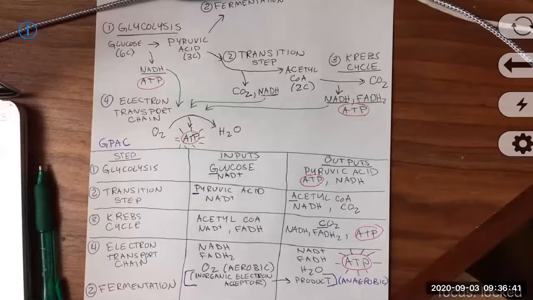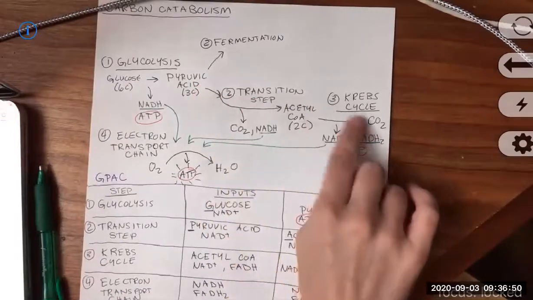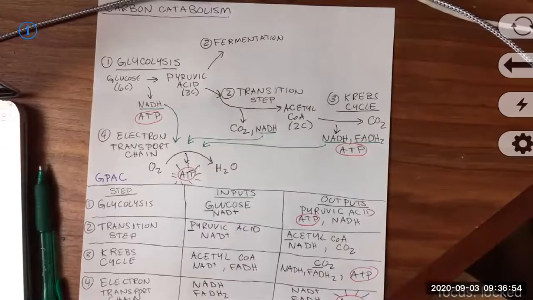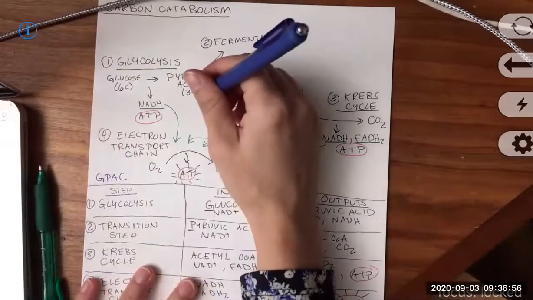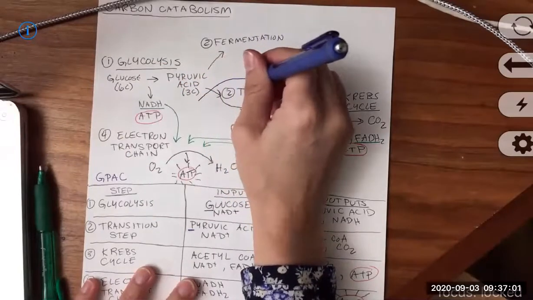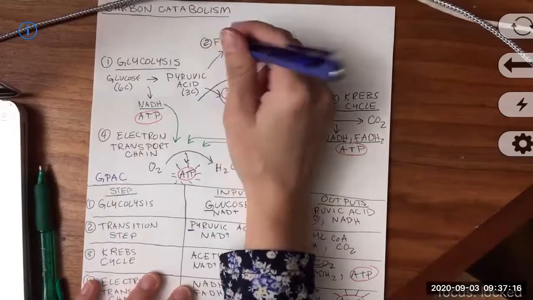All right, let's talk about the alternate pathway now, fermentation. In fermentation, pyruvic acid, instead of going down this pathway towards respiration, I'll go ahead and delineate that as respiration. The other option is to go to fermentation.